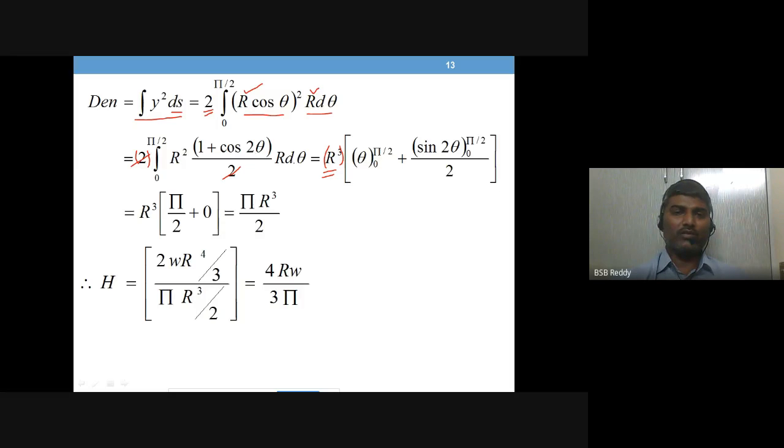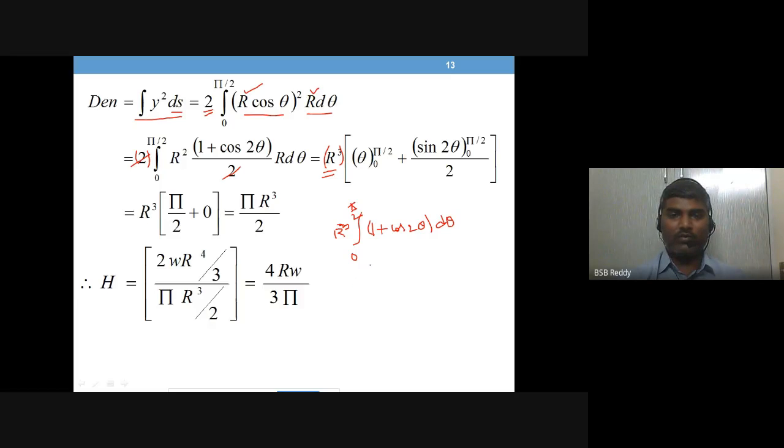Integral of 1 plus cos 2 theta d theta, with limits 0 to pi by 2, and r cube outside.